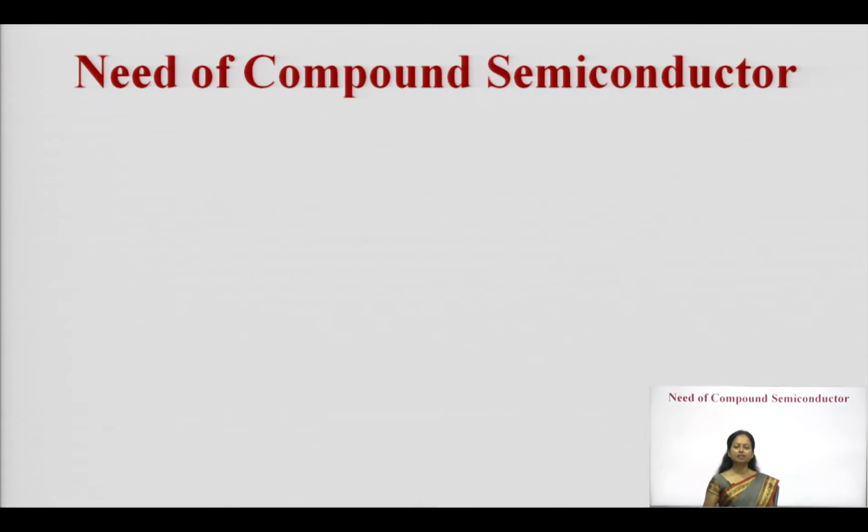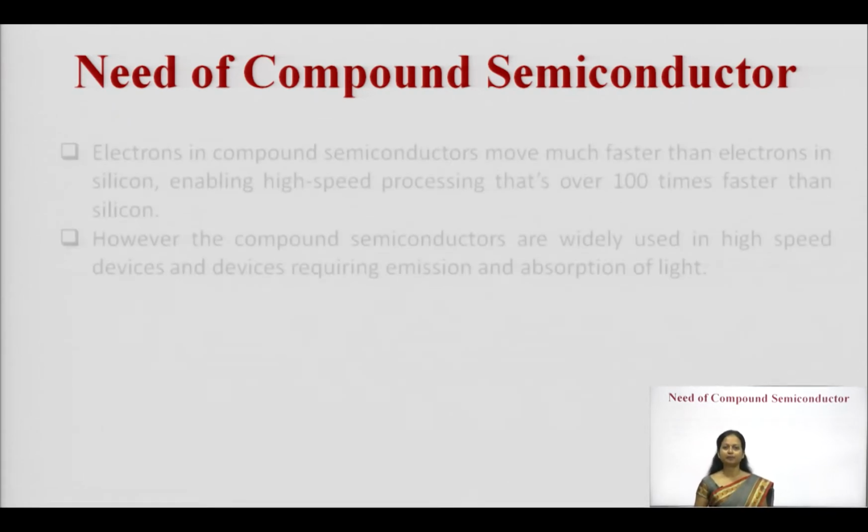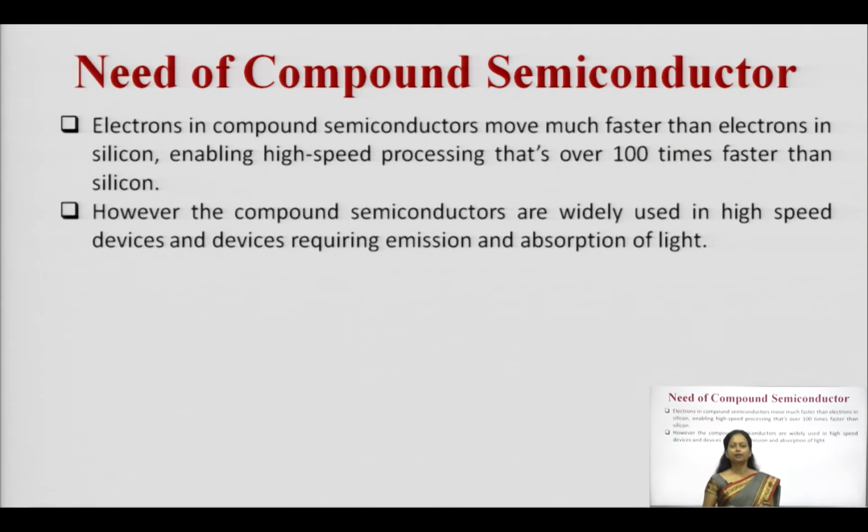Now, what is the need of compound semiconductors? Why are they required actually? If you see the behavior of the elemental and compound semiconductors, in the compound semiconductor the speed at which electrons move is approximately 100 times higher than the speed of the electrons in the elemental semiconductors.